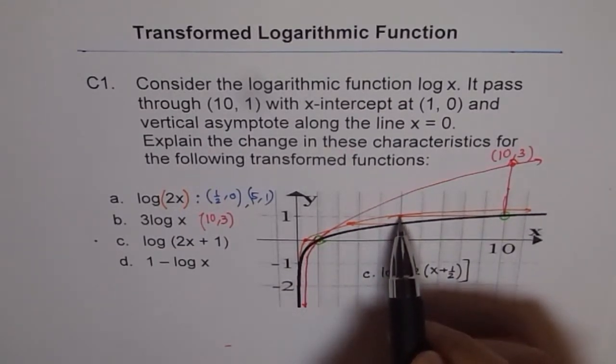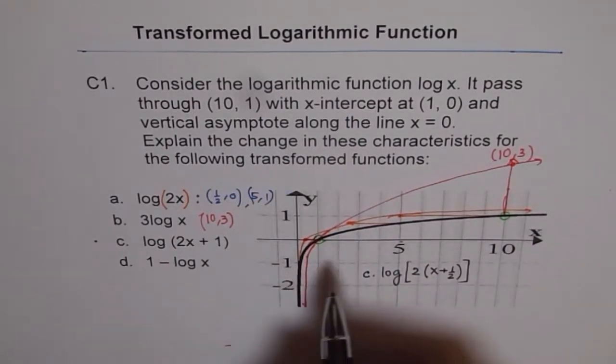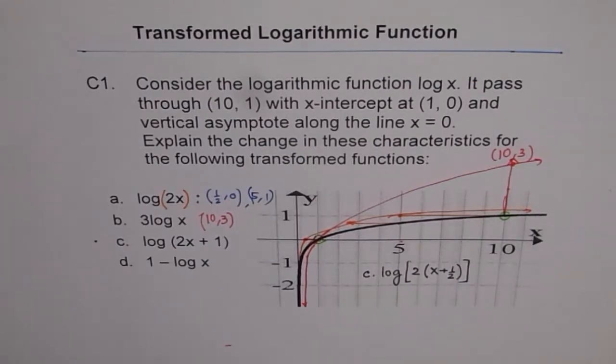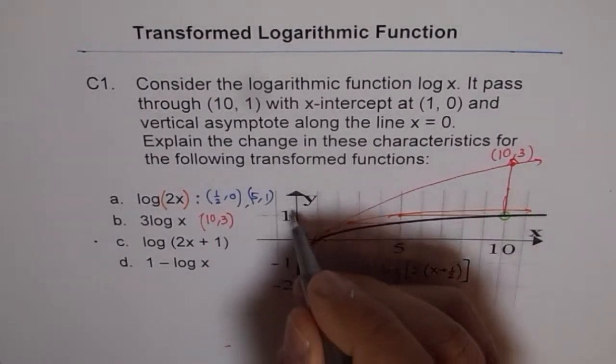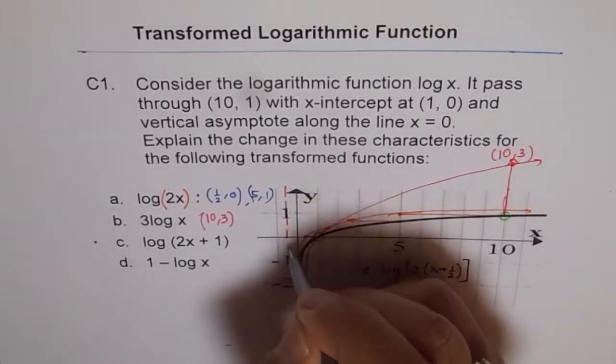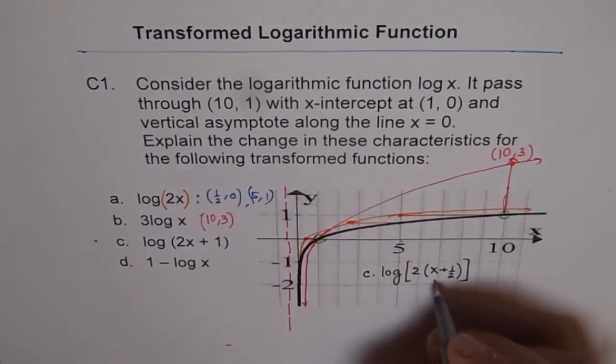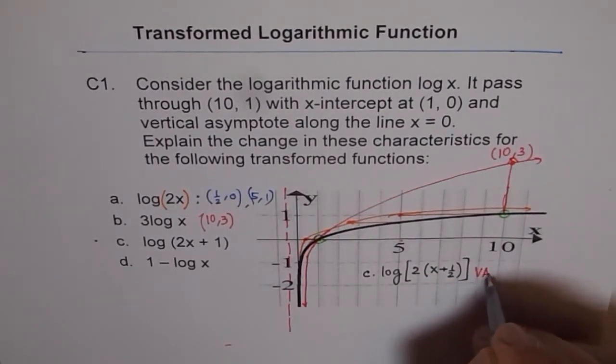But apart from that, the graph moves half unit to the left. Do you see that? Half unit to the left. And therefore, we'll have a vertical asymptote not at x equals 0, but at minus half. So that is the major change here. What changes here is the vertical asymptote, right?